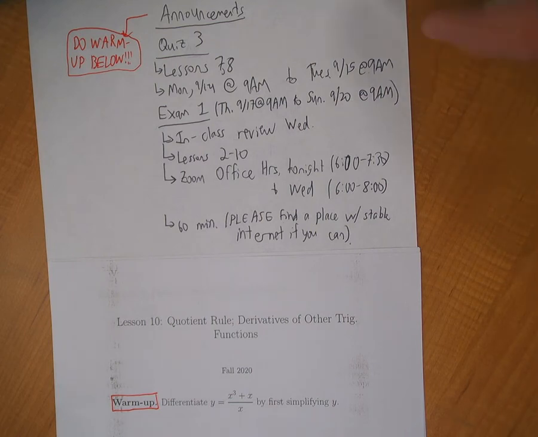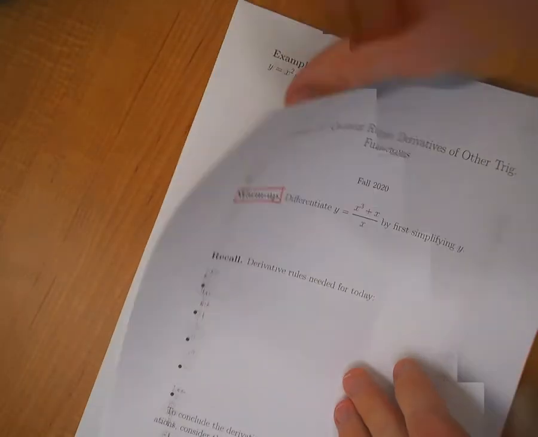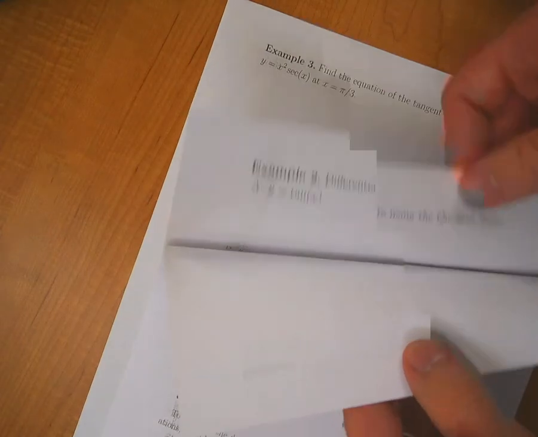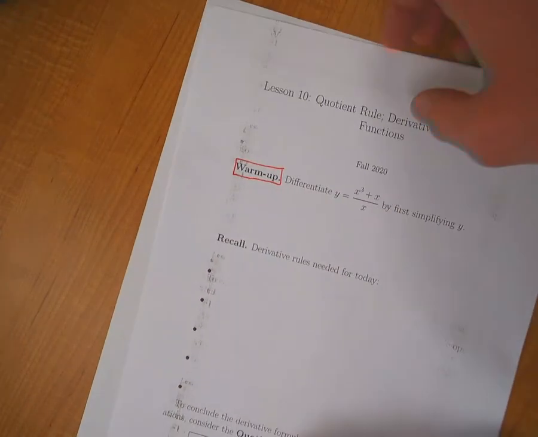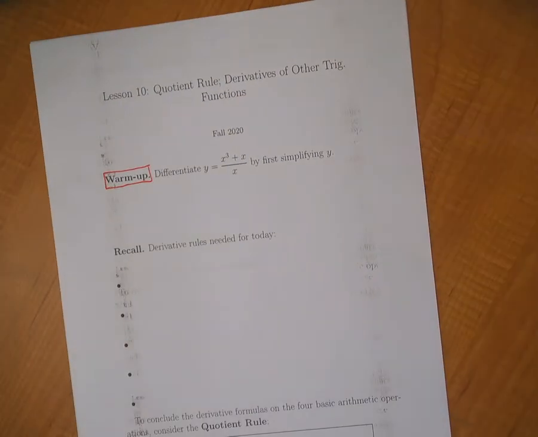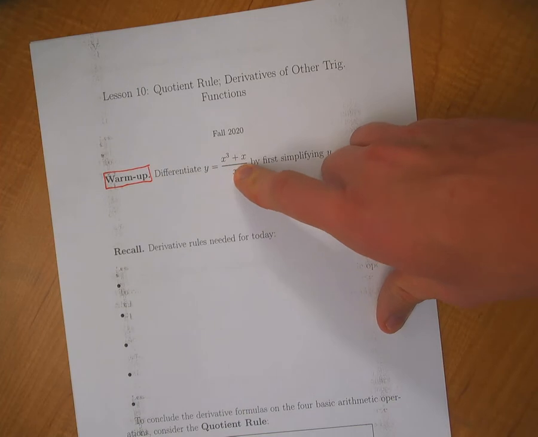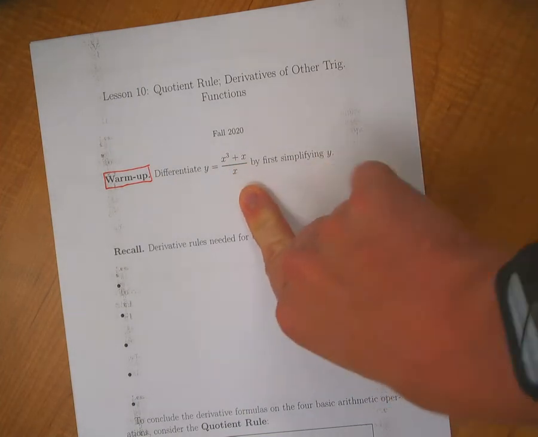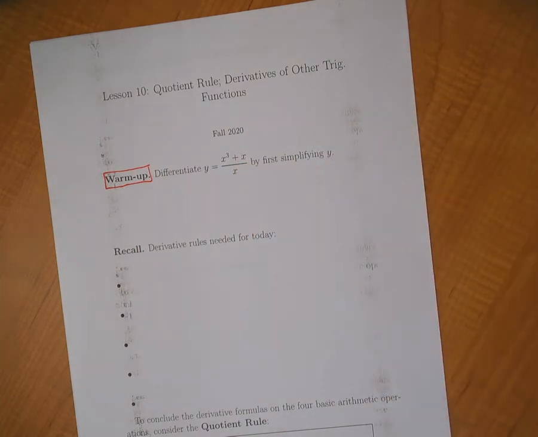As I asked you to do at the start of class, let's take a look at the warm-up. The warm-up says we have to differentiate y equals x cubed plus x divided by x by first simplifying y. For those of you that did the warm-up, what did you end up with?